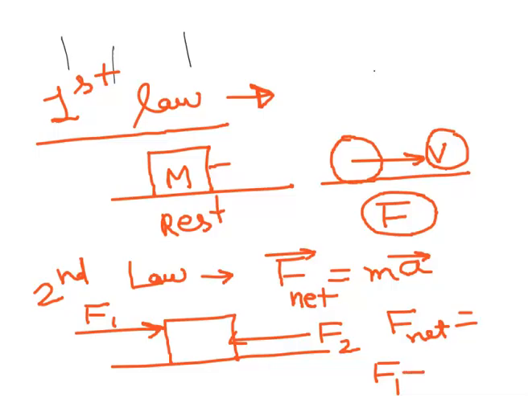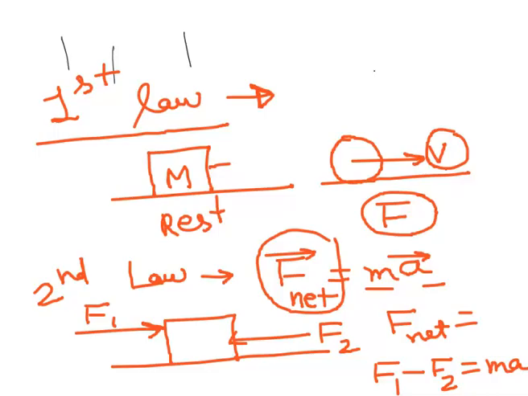So it is very important that you take the net force on the body to calculate acceleration. That's why Newton's second law says that the net force applied on a body is equal to the product of mass and acceleration of that body. So this is Newton's second law of motion.